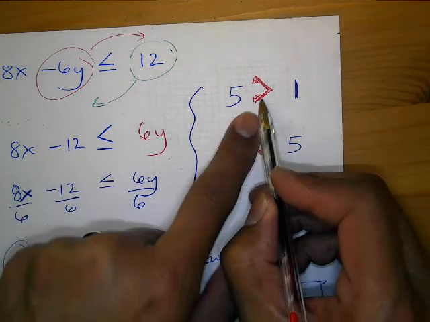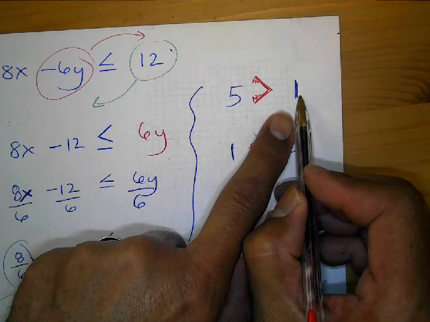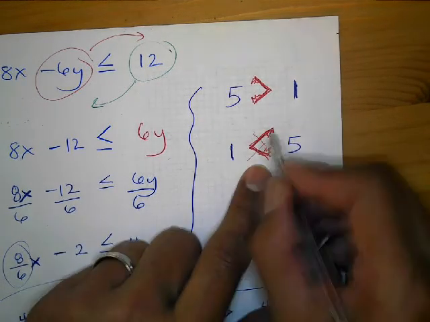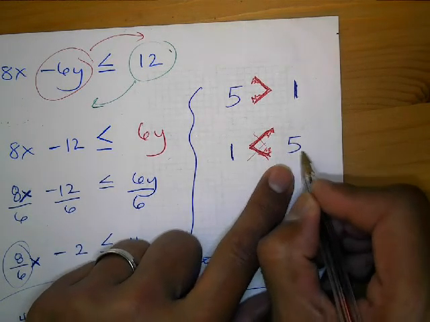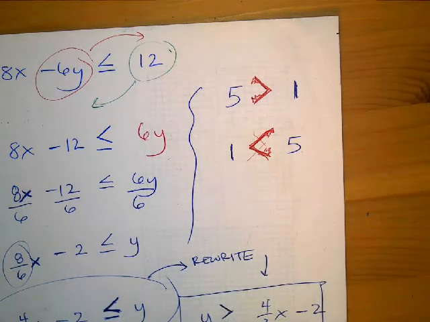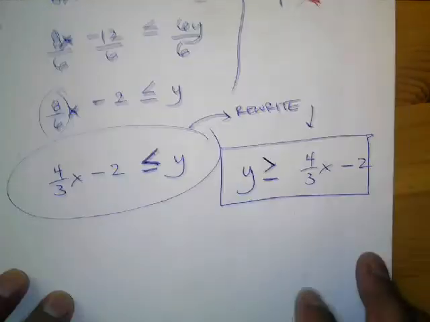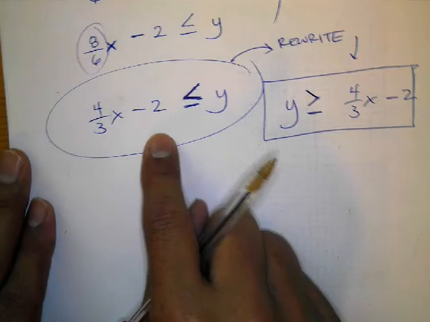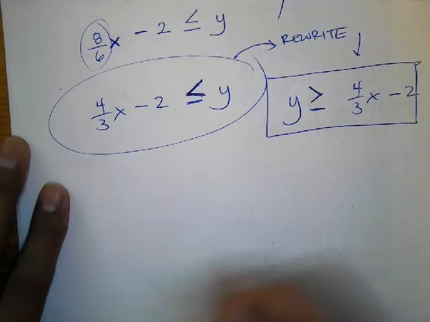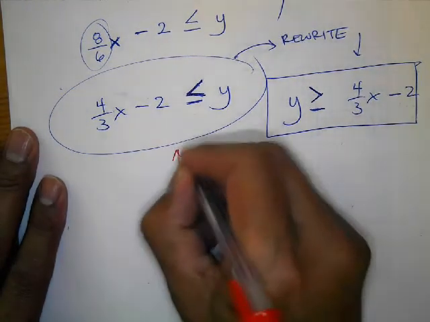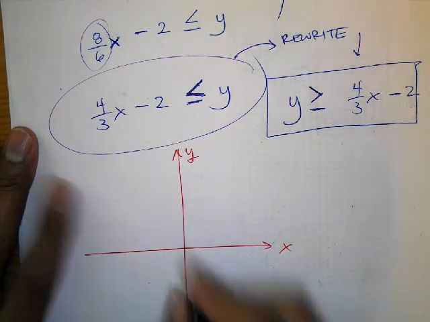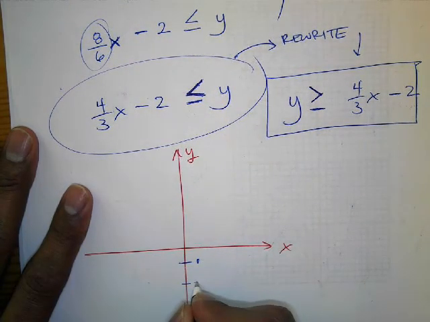This inequality is facing this way, this inequality is facing this way, but they're saying the same thing. So this one is saying 5 is greater than 1, which is the same as saying 1 is less than 5. But this one is also saying which one's greater? 5 is greater than 1. You see? So if you have to rewrite it, or if you compare it to an answer, but we don't need to do that. We can graph this.